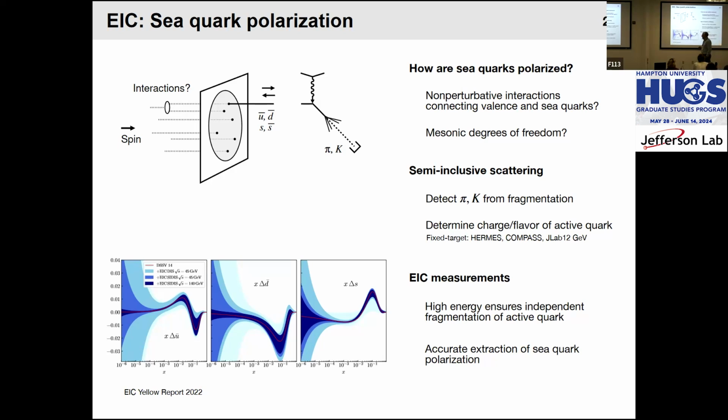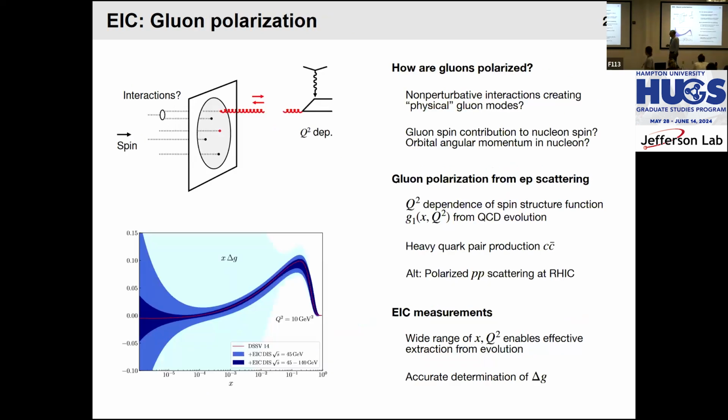Okay, very good. Now, let's move on to another very interesting measurement, which is often presented as the flagship measurement of the EIC, which is the determination of gluon polarization in the nucleon.